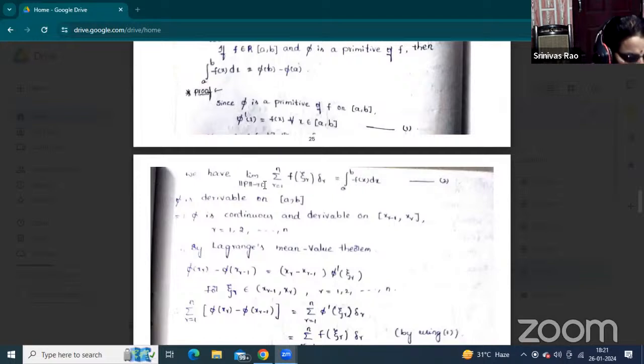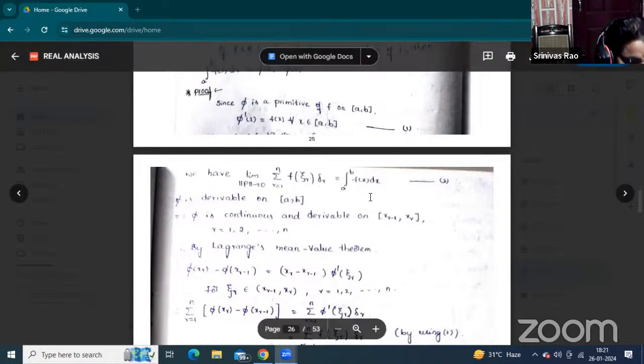Okay. Now, according to the partition set, for one of the partitions, the limit as norm P tends to 0 of the summation f(zeta_r) delta_r. This is also one of the elements, so instead of x, f(zeta_r) delta_r. That is the definition of a Riemann integrable function.